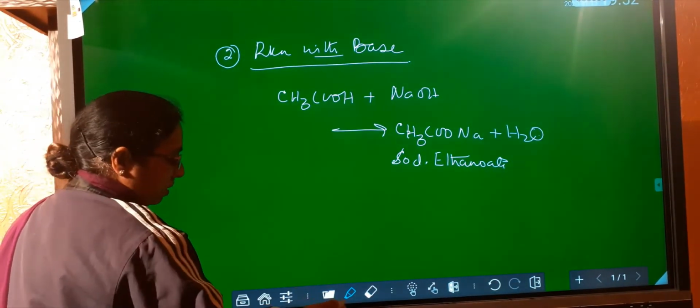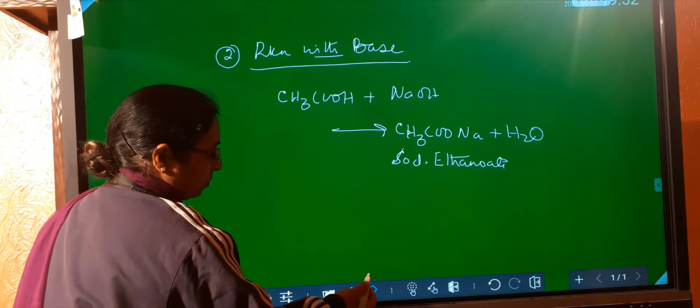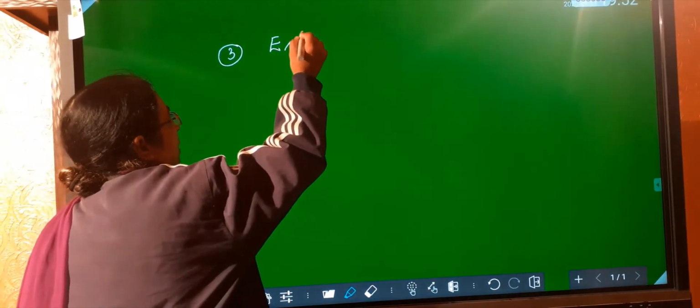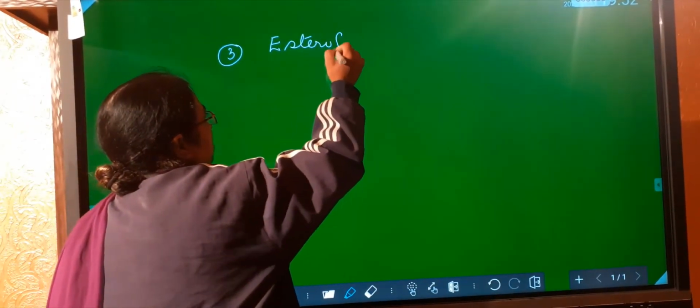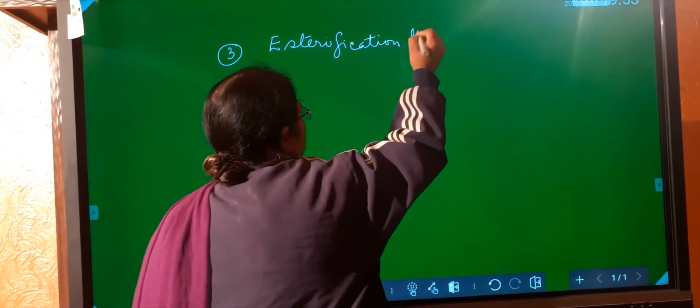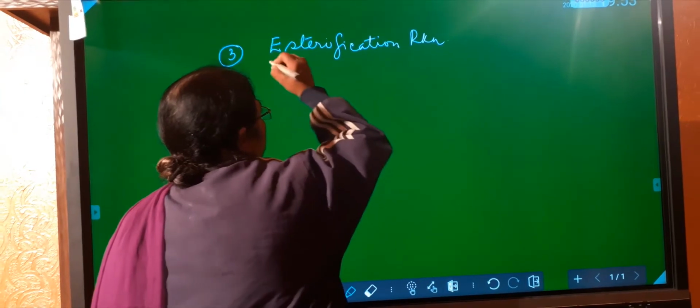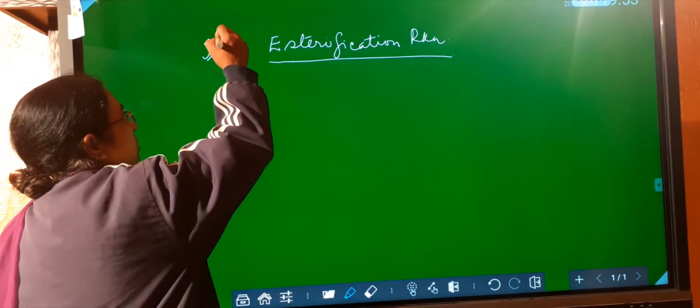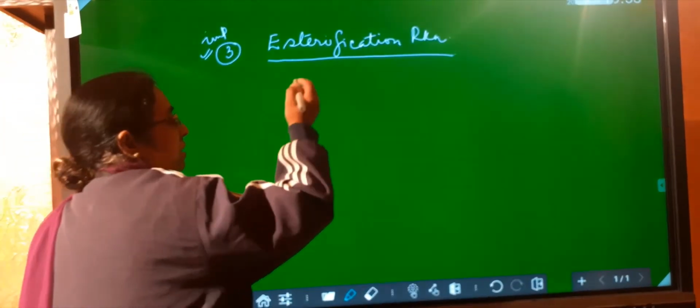Alright, then third reaction, this is an important reaction which we call as esterification reaction. Esterification reaction. Alright, you may mark this as important reaction. Esterification reaction.